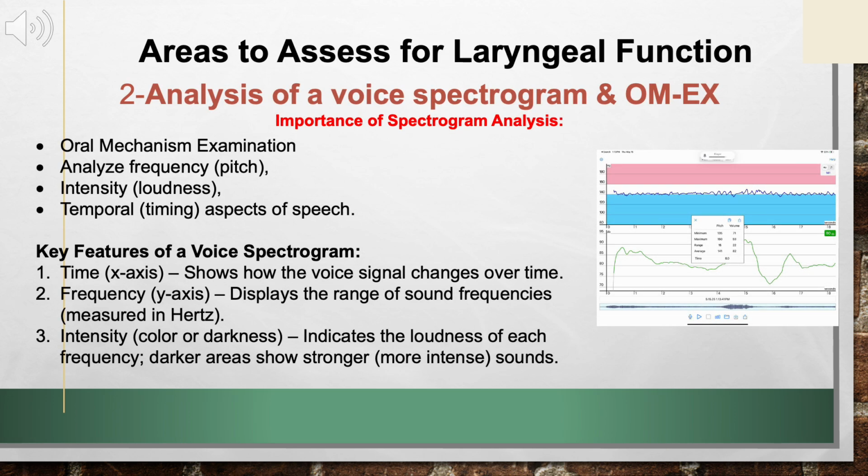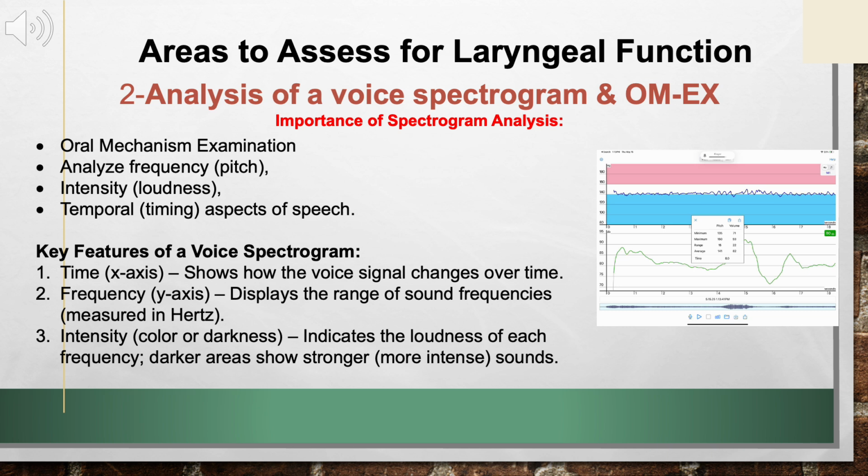Analysis of a voice spectrogram. Start with an oral mechanism examination to determine that all structures are properly functioning. The spectrogram allows a visual representation of the acoustic characteristics of a person's voice over time. It is used in voice evaluations to analyze frequency, pitch, intensity, loudness, and temporal timing aspects of speech.